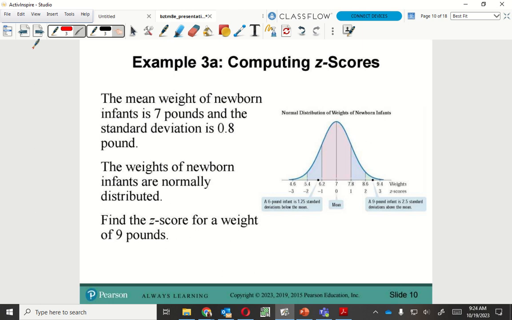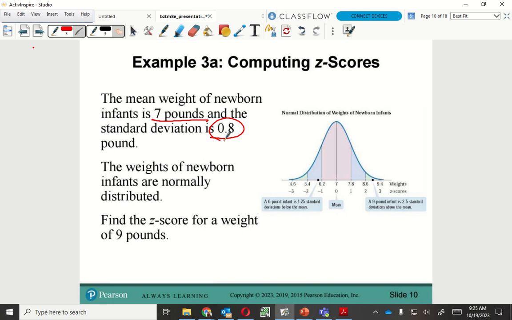Okay, the mean weight of a newborn infant is 7 pounds, and the standard deviation is 0.8. The weight of a newborn infant is normally distributed, right? Normal distribution. Find the z-score for a weight of 9 pounds.